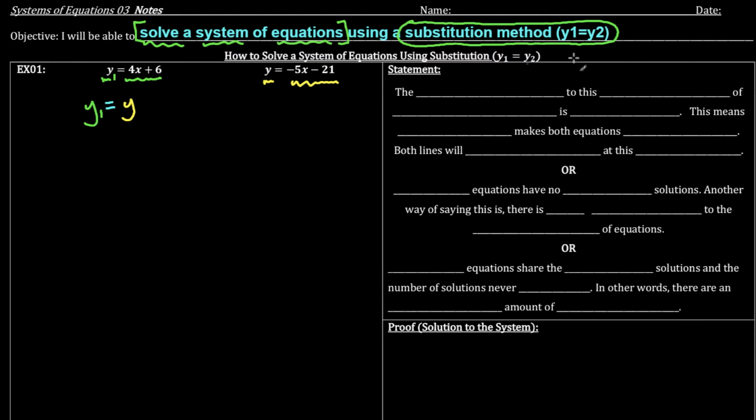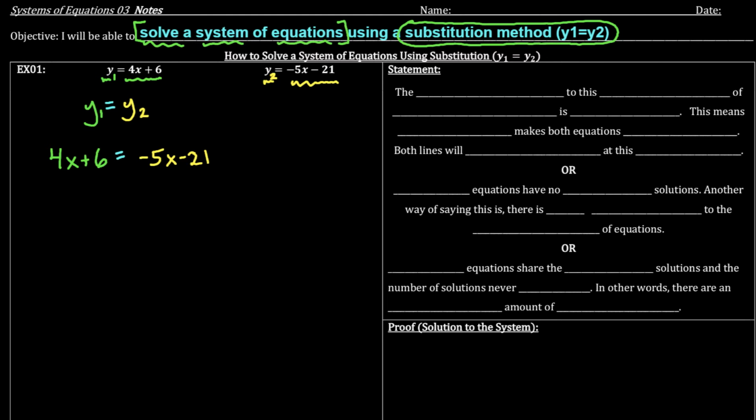So we want to know when y1 is equivalent to y2. y1 is 4x plus 6, and we want to know when that is equivalent to y2, which is negative 5x minus 21.